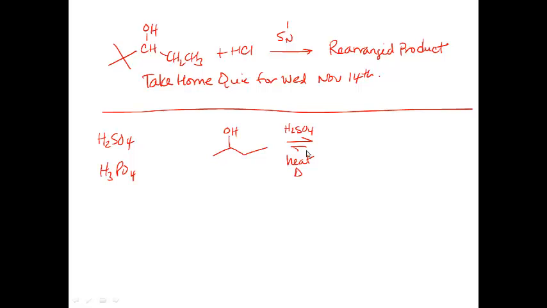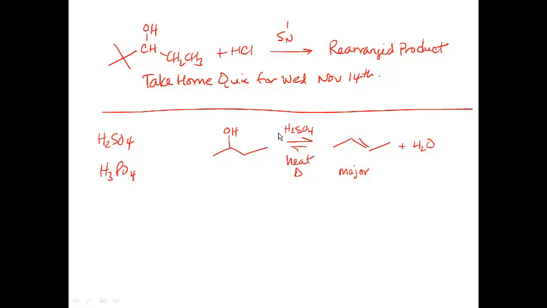And sometimes you'll see a triangle or a capital delta as a symbol for heat. And that's going to form my most substituted alkene as the major product of the reaction. So I can use phosphoric or sulfuric acids to do these reactions.